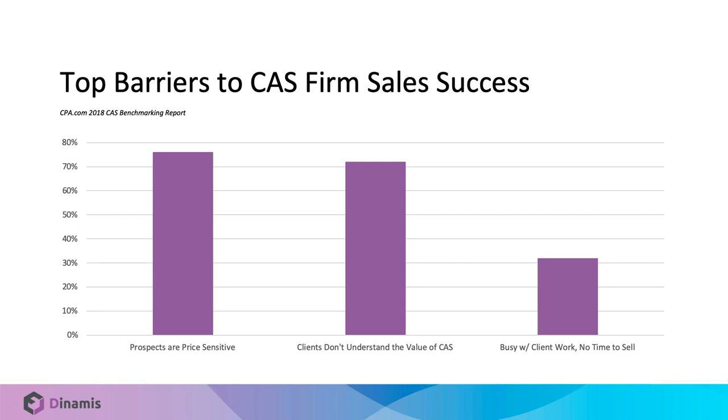Another data point from the CPA.com webinar, and I'm not getting paid for referencing these guys. I bring them up because they have great resources. CPA.com is the technology arm of the AICPA, and for 10 or 15 years they have been trying to help accountants use technology to become more efficient, more effective, and more profitable.